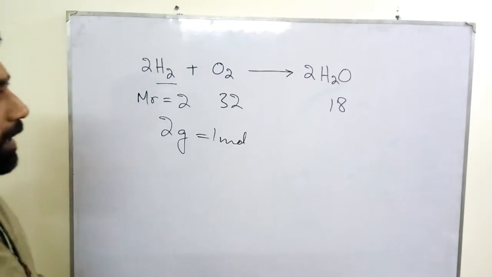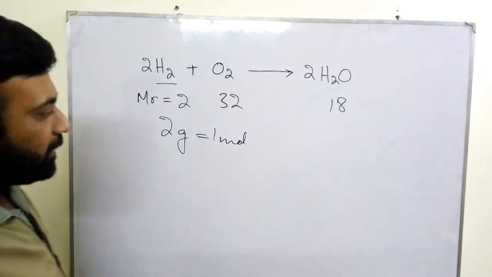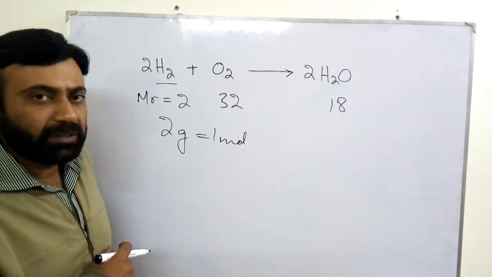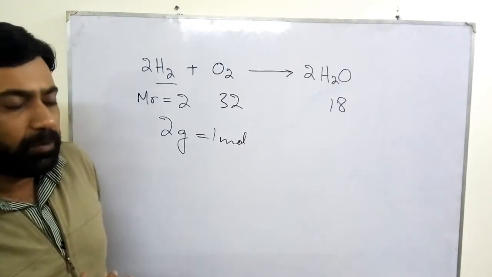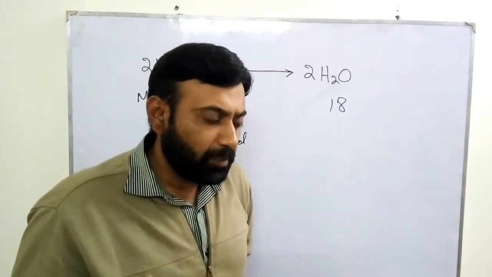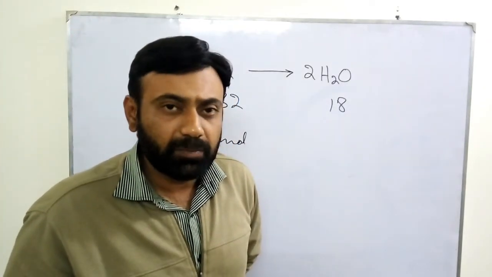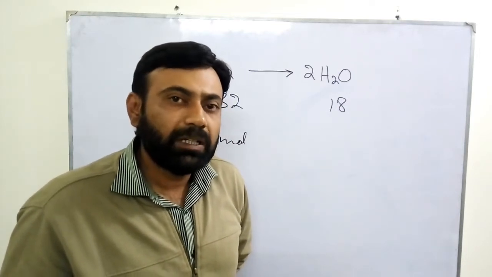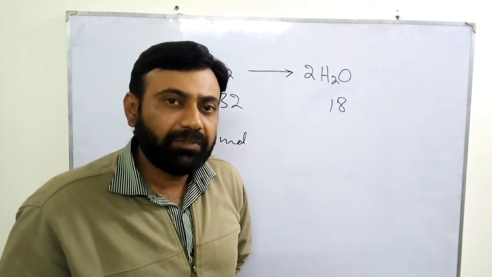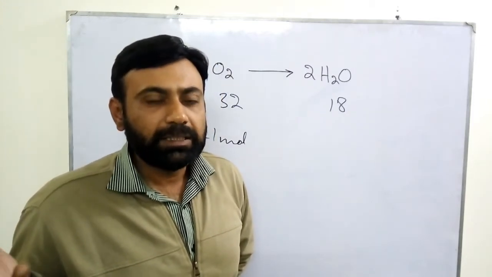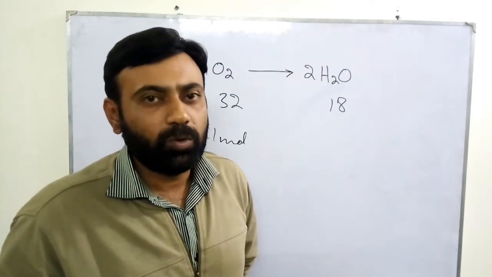Now, as we know this, that 1 mole of any substance contains a mass in grams equal to its molecular mass, what if the mass is less than its molecular mass? The quantity would be less than 1 mole, and if the mass is greater than its molecular mass, that means the quantity is greater than 1 mole.